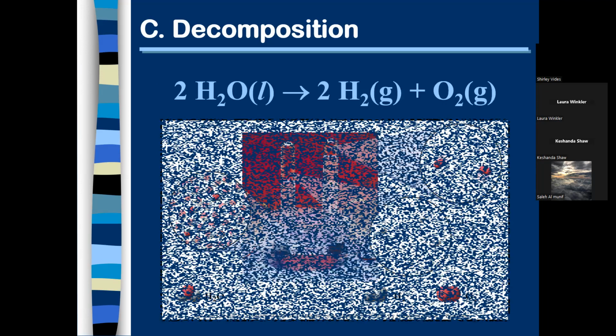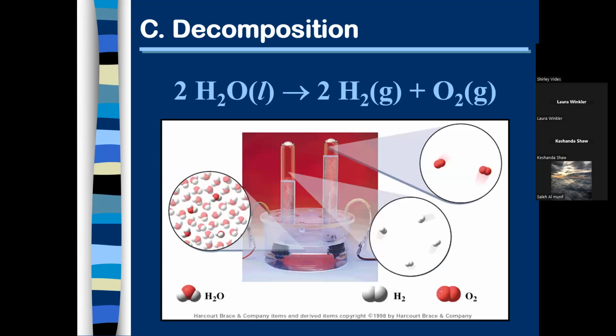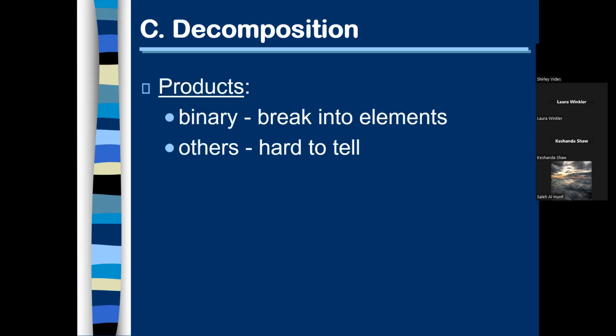An example is the breakup of water. You see that? You have liquid water breaking up into hydrogen and oxygen gas. That's their preferred state, by the way. And it is a decomposition reaction.